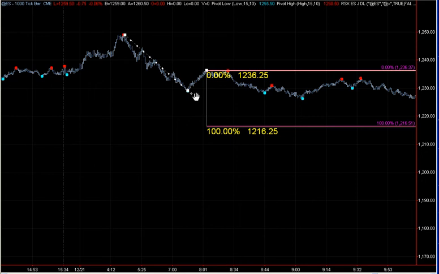We'll cancel this setup if the current bar moves greater than point A or the current bar moves below the 100% line.